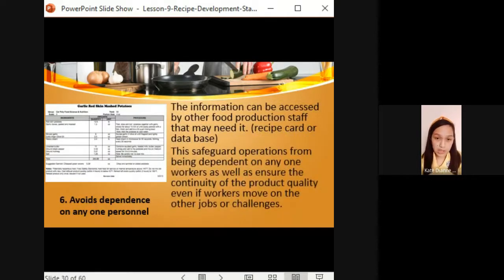Number 6, avoids dependence on any one personnel. Who has the idea about this? Avoids dependence on any one personnel. Ano pagkakaintindi nyo dito? Anyone? Jelly Ann.